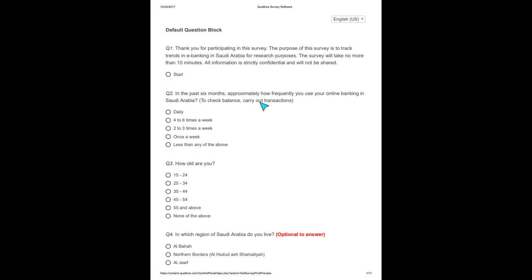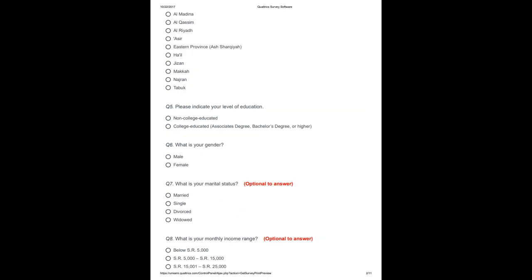Daily, 4 to 6 times a week, 2 to 3 times a week, once a week, less than any of the above. How old are you? This is also very important. In which region in Saudi Arabia do you live? We put all the regions of the Kingdom, because this also gives an idea from one region to another; there may be a deviation in the results.